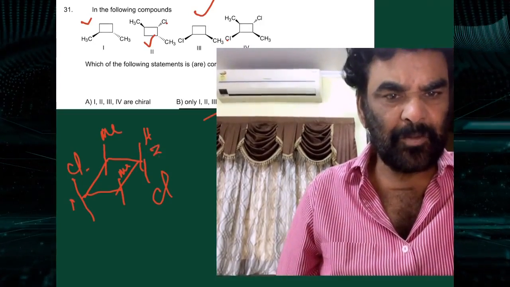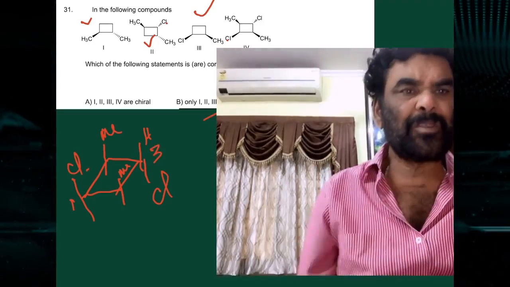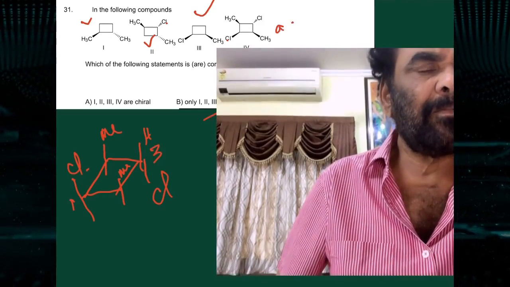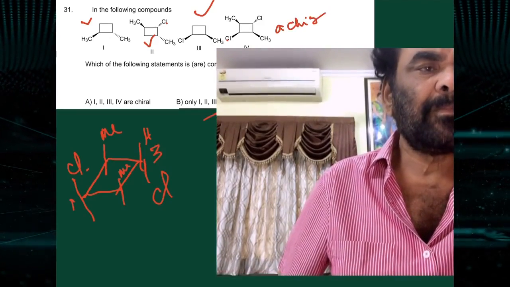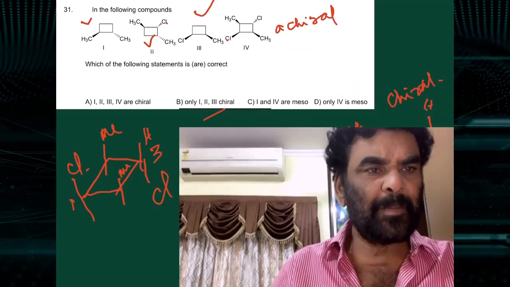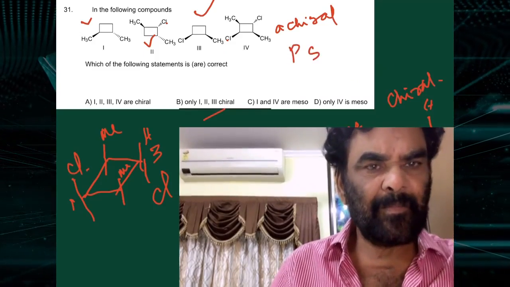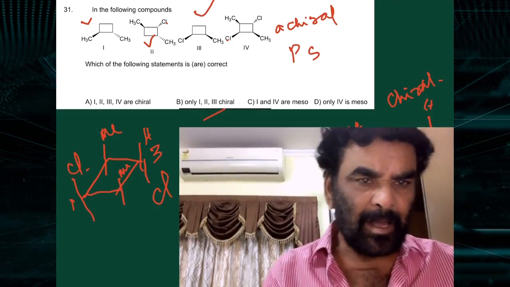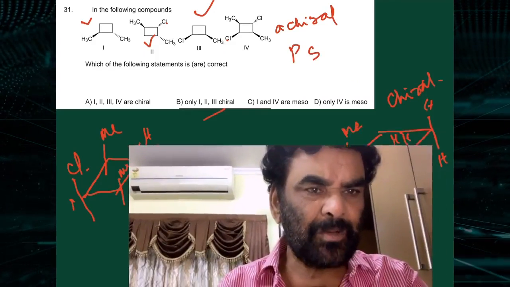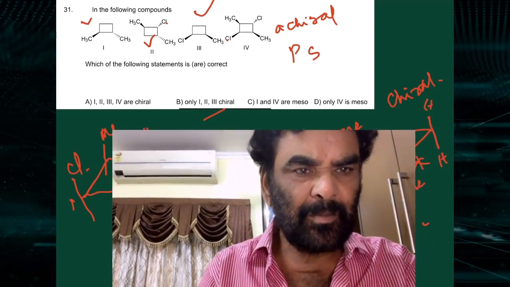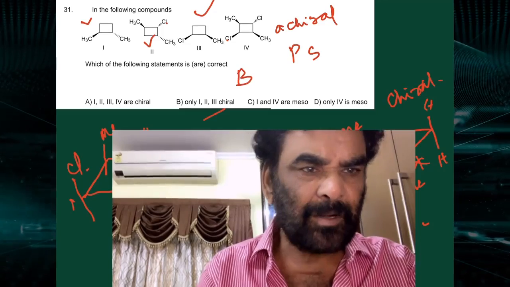This is 1, 3 positions. This is a plane of symmetry. It is achiral. It has the plane of symmetry. Therefore, 1, 2 are correct. What is the correct option for 1, 2, 3? So B is the correct option for the chiral ones.